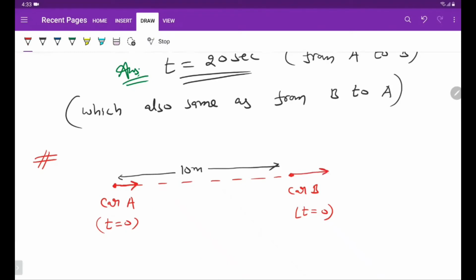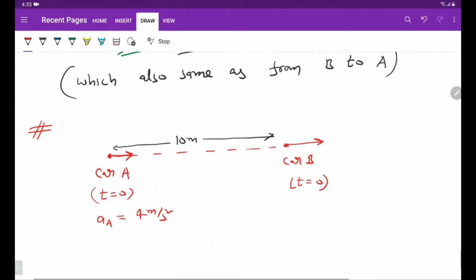Same time. Car A has an acceleration of 4 meter per second square, while car B moves with constant velocity. So the acceleration of B is 0, but the velocity of car B is constant, 1 meter per second.